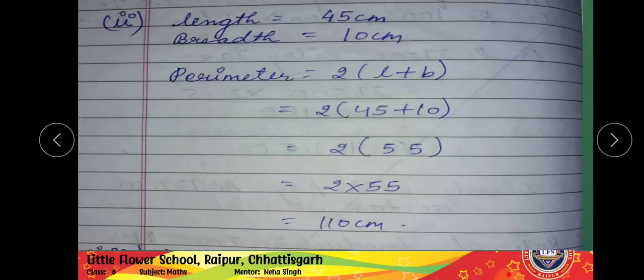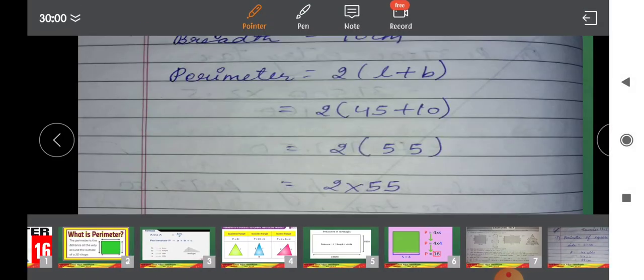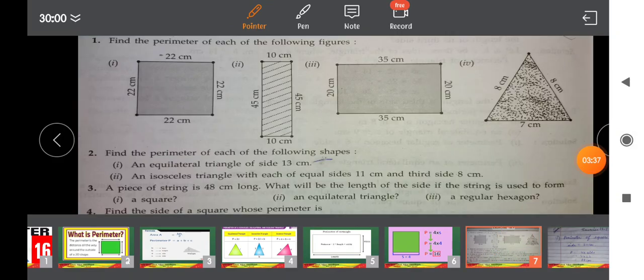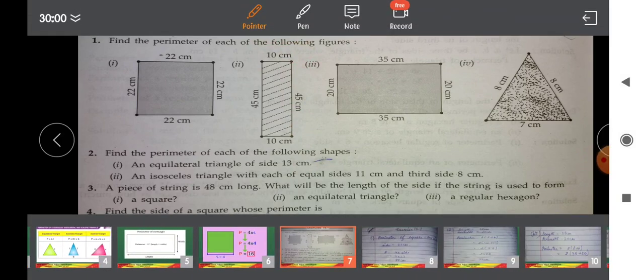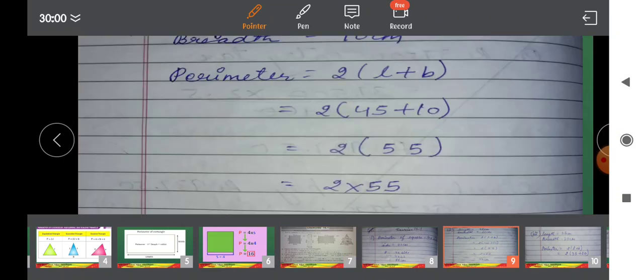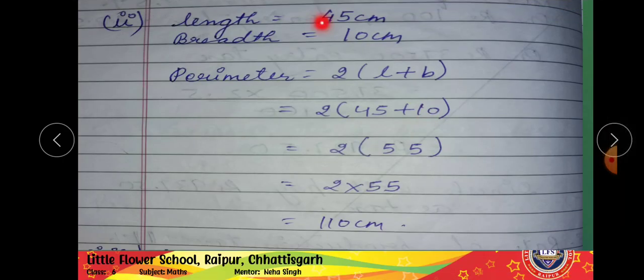So coming to the next question, see, this is 10, this is 45, sides are different, this is a rectangle, so perimeter of a rectangle is 2 into length plus breadth. One length is given 45, breadth is given 10.